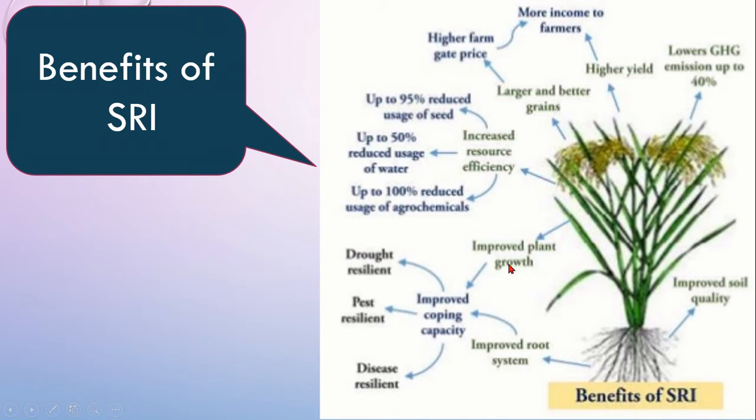And then improved plant growth. When plant growth is improved, what will happen? Improved cropping capacity as well, like drought resilience, pest resilience, disease resilience, and improved root system, and improved soil quality as well. So these are the benefits of cultivating with the System of Rice Intensification.